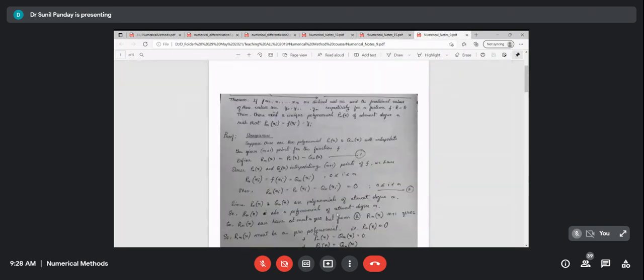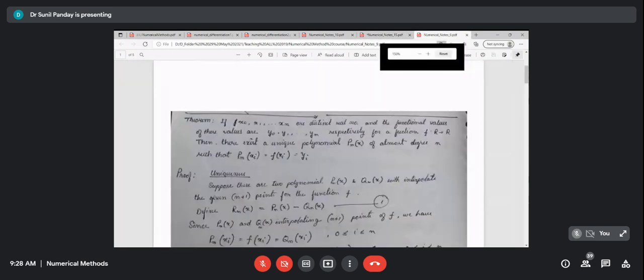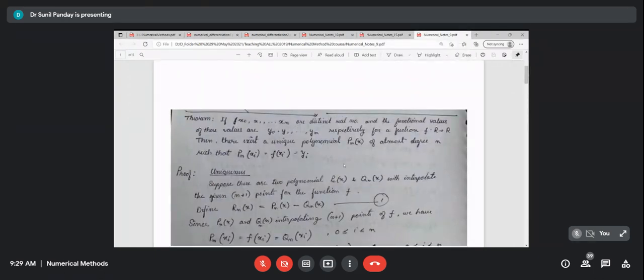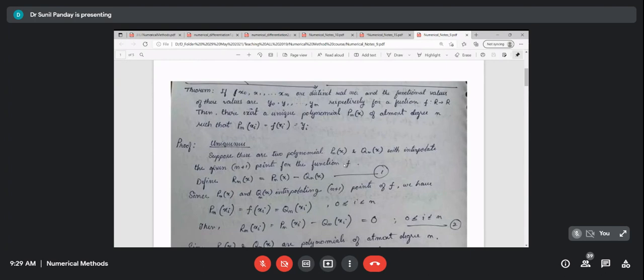Then we have these theorems, and I remember that we have discussed this earlier also. If x0, x1, ..., xn are distinct real numbers, and the functional values are y0, y1, ..., yn, so these n plus 1 data points are given to you. With these n plus 1 data points, you can always create a unique polynomial of degree n.